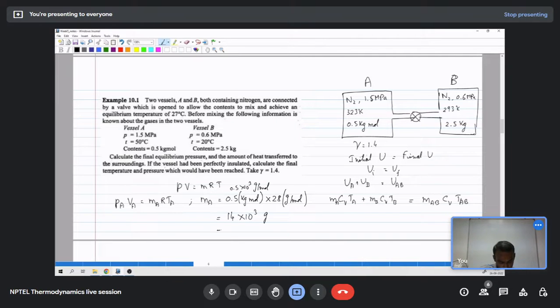No, grams. So it is 14 kg. So 1 mole of nitrogen will have 28 grams.